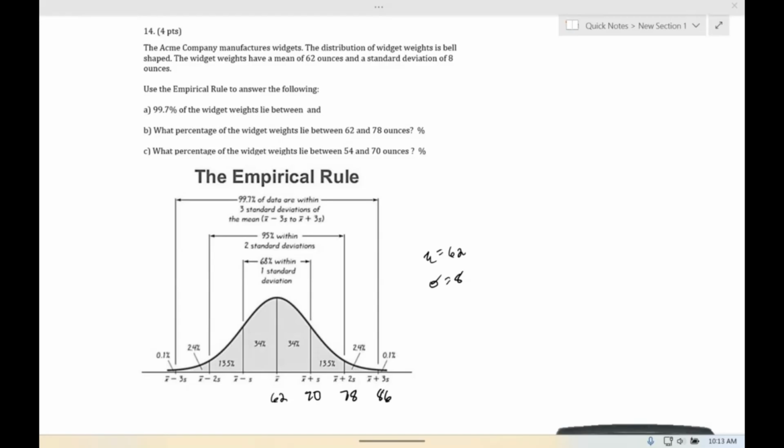I'm also going to subtract the standard deviation. So notice here we have X bar, which is 62, minus the standard deviation of 8. So 62 minus 8, we have 54.